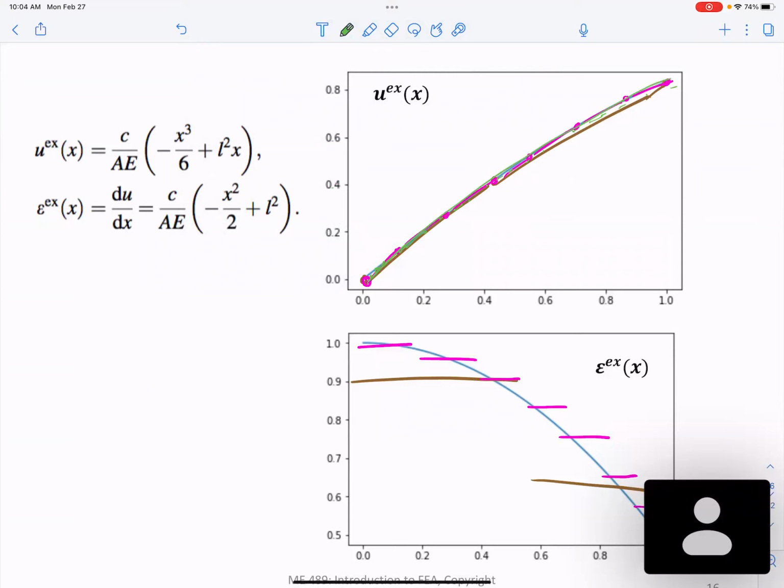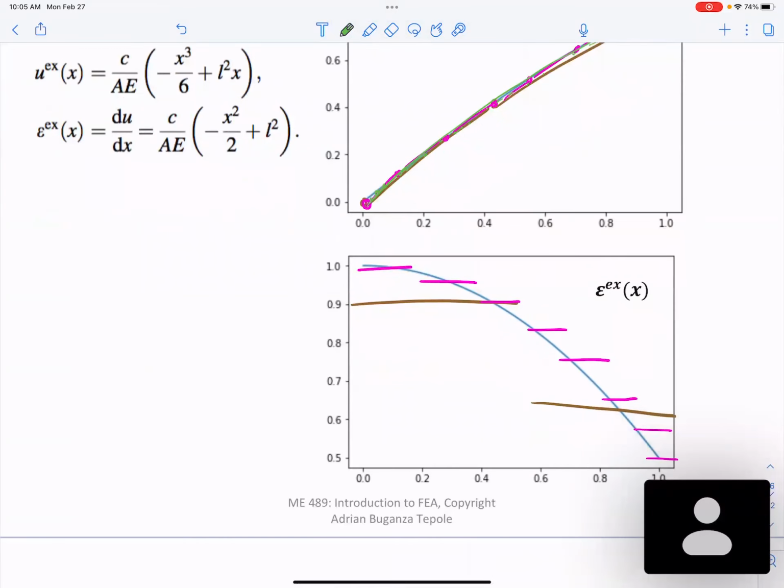Let's say not infinity, but a very large number, then you really won't be able to tell the difference between the exact solution and your solution. And for the derivatives, the same. Even though it will still be piecewise constant and discontinuous, it will get better and better.